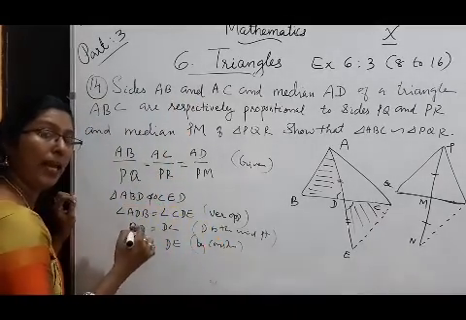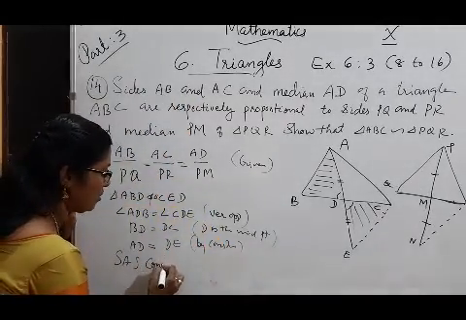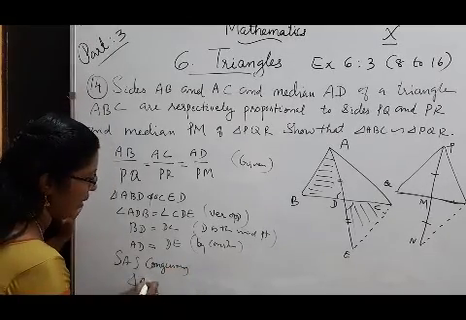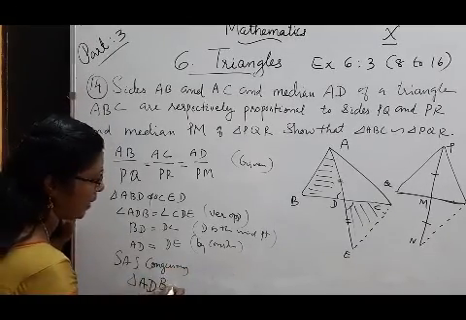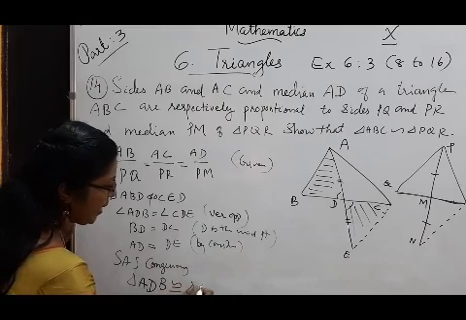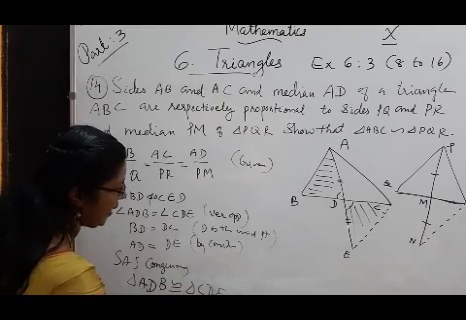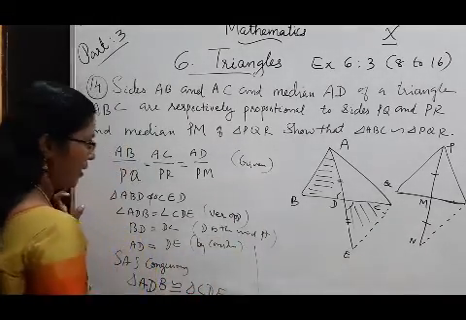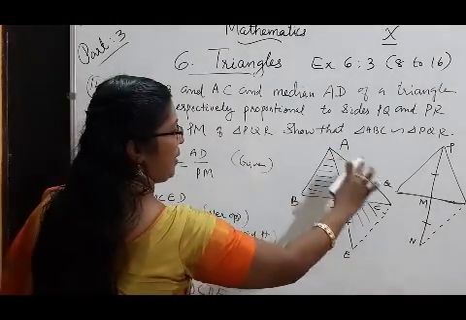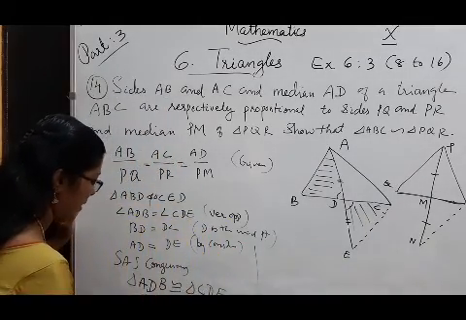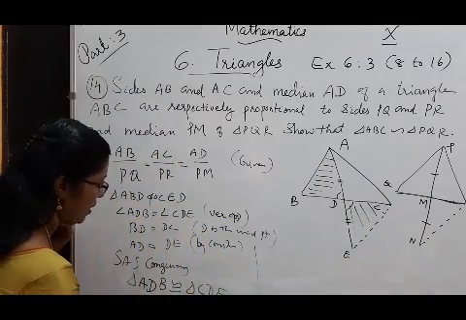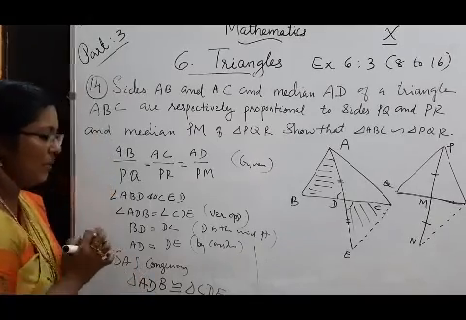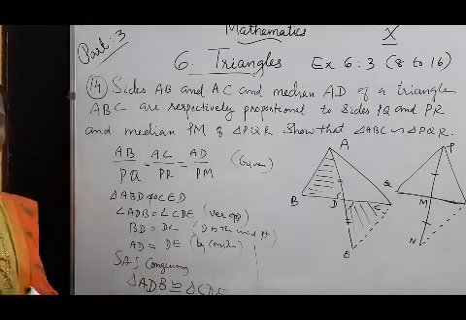By SAS congruency, triangle ADB is congruent to triangle CDE. Okay, by CPCT, corresponding parts of congruent triangles, we can write AB equal CE.